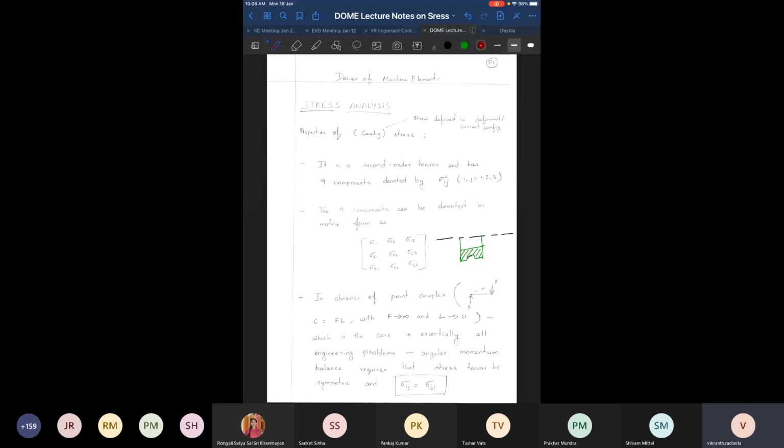So let us say this is the rolling element, and then you have your outer raceway. The outer raceway will look something like this.